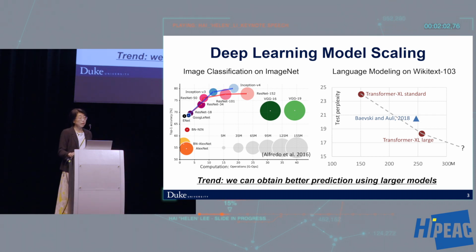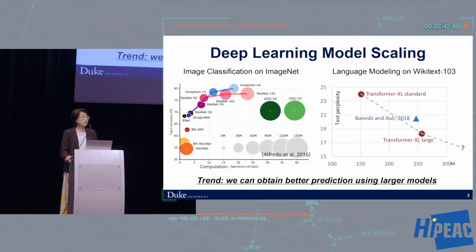One example is image classification on the ImageNet dataset. In the figure on the left-hand side, each node represents a model, and the size of the circle indicates the model size measured by the number of parameters. The x-axis indicates the computation cost measured in operations like gigaops, and the y-axis corresponds to the top-one accuracy on ImageNet.